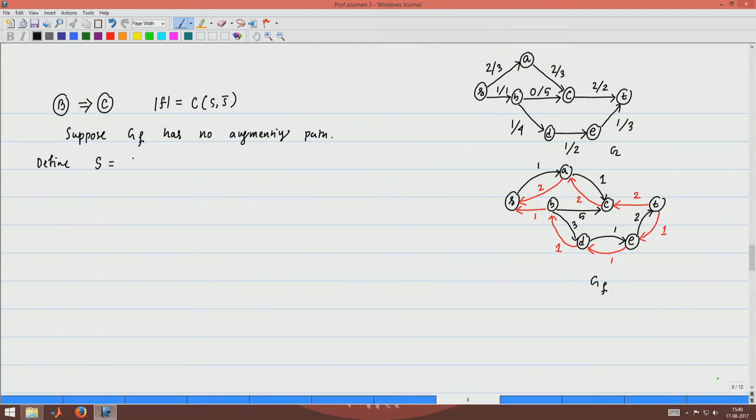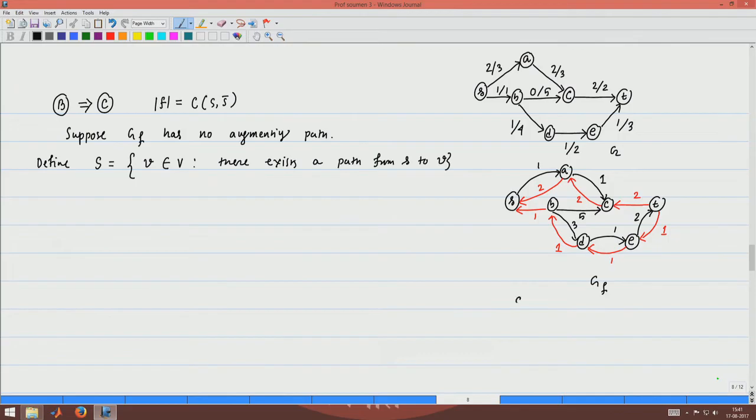So, S is the set of vertices in the network G such that there exists a path from S to V, those vertices only. Let me explain the definition of S here.